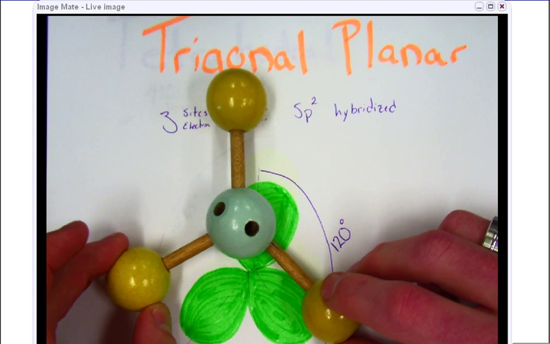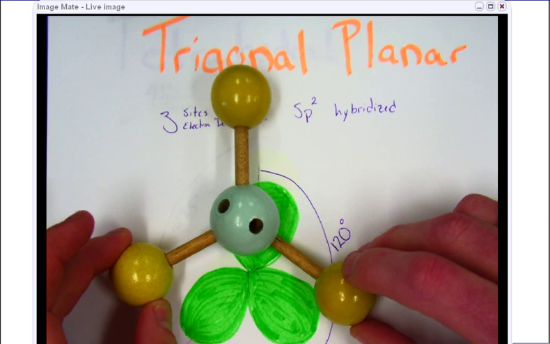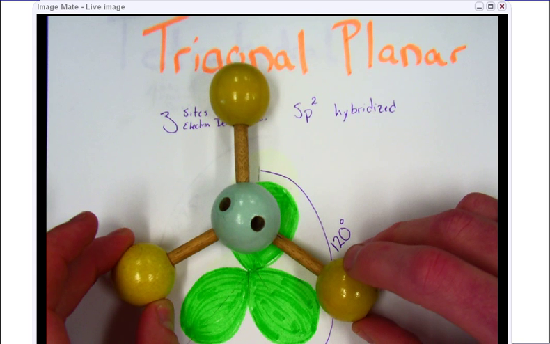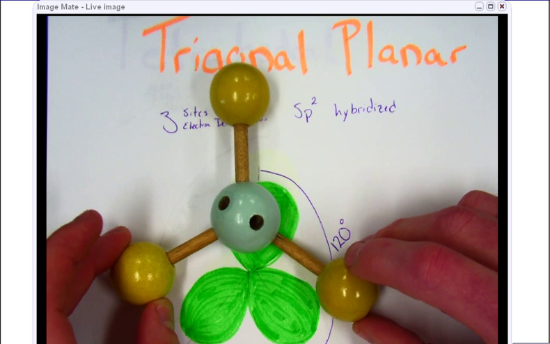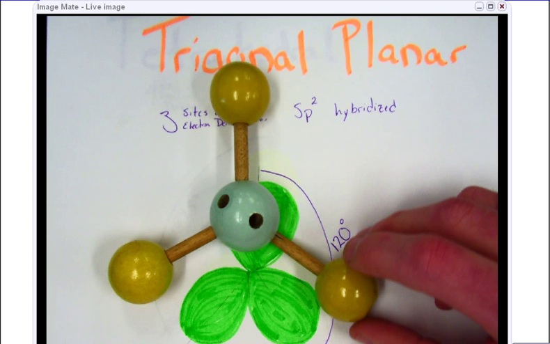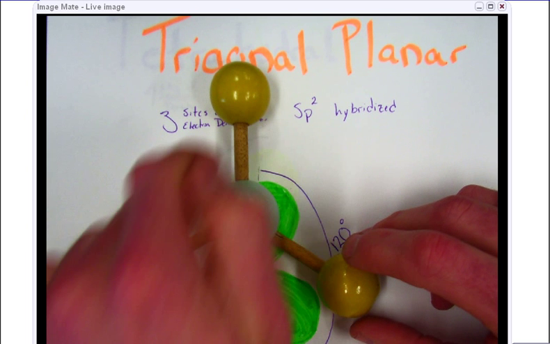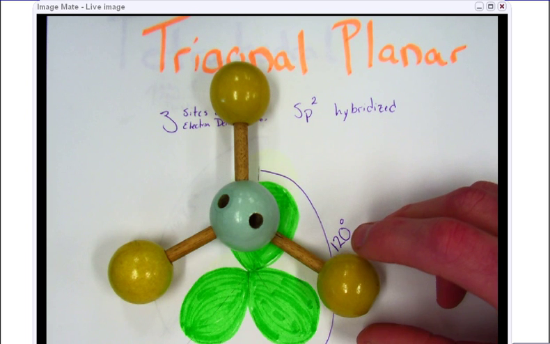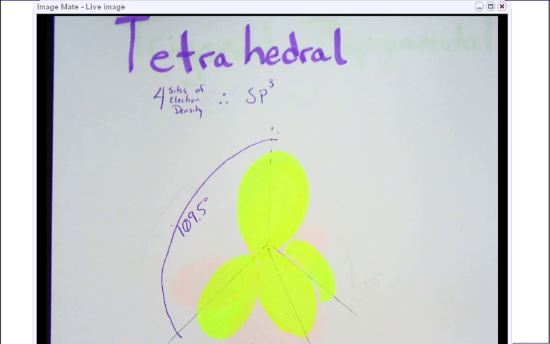Stay right there. There we go. 120 degrees. This would be a trigonal planar. Three sites, 1, 2, 3, of electron density. Therefore, trigonal planar.